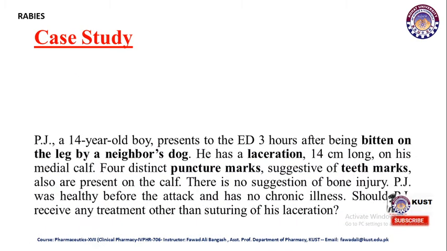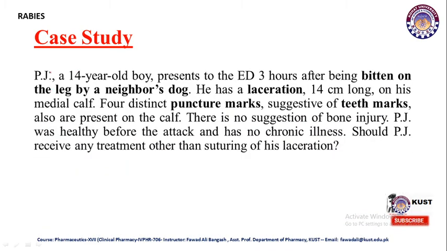Case study. PJ, a 14-year-old boy, presents to the ED 3 hours after being bitten on the leg by a neighbor's dog. He has a laceration 14 centimeters long on his medial calf.